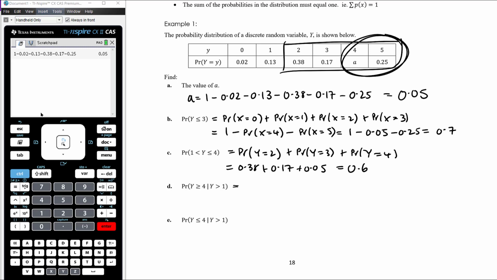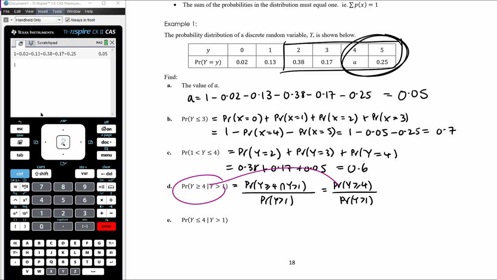Our conditional probability means we need the intersection, so we need to think about when we are both greater than or equal to 4 and greater than 1, over the probability y is greater than 1. In this case, the intersection of being both bigger than or equal to 4 and bigger than 1 is just the probability that y is bigger than or equal to 4. Be careful about jumping straight from here to here carelessly.